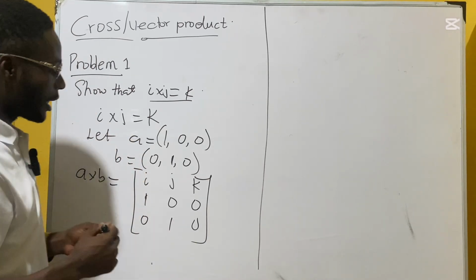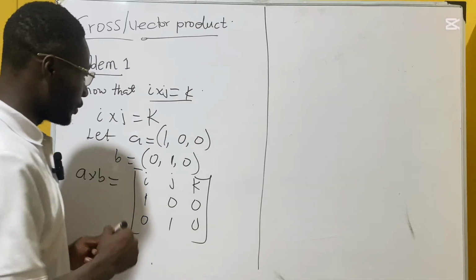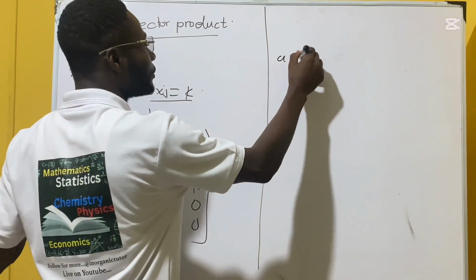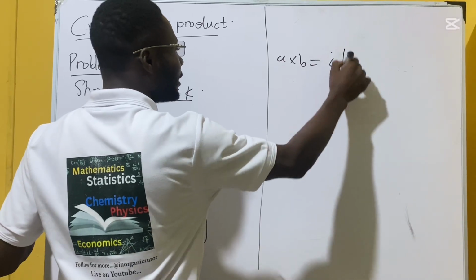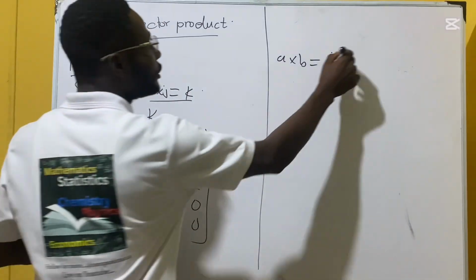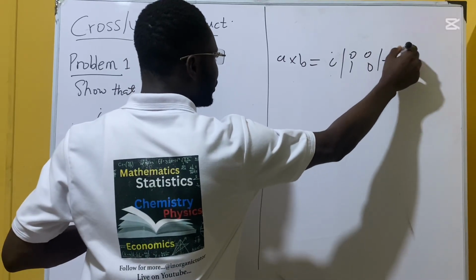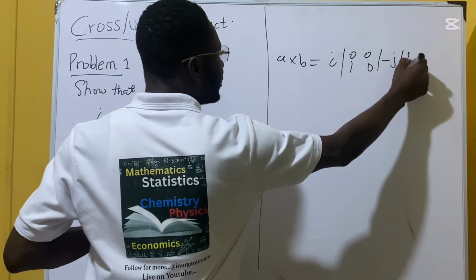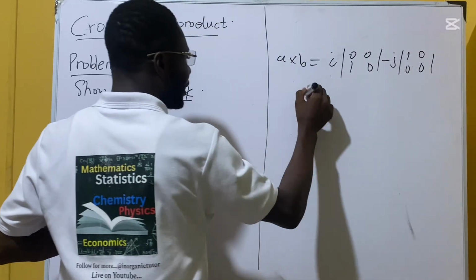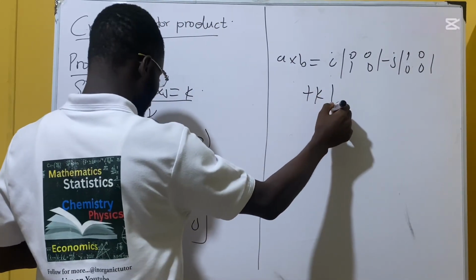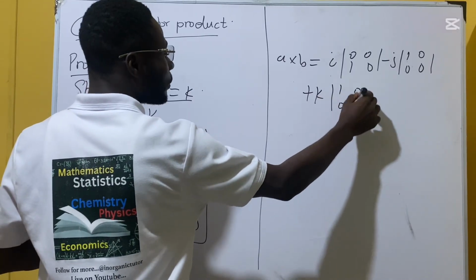So now let's find the determinant of this. The determinant of a cross b will be equal to 1 i into the minor 0, 1, 0, 0, minus j into 1, 0, 0, 0, plus k into 1, 0, 0, 1.